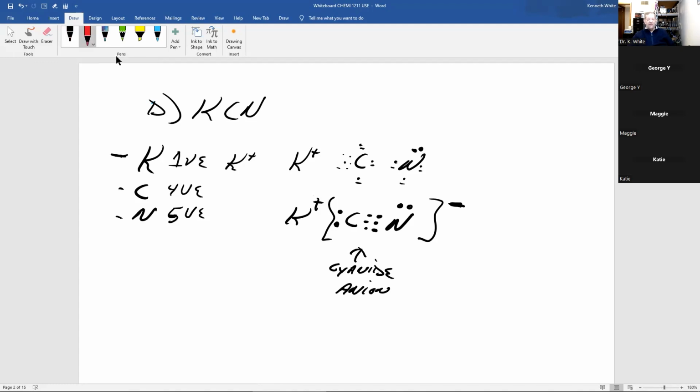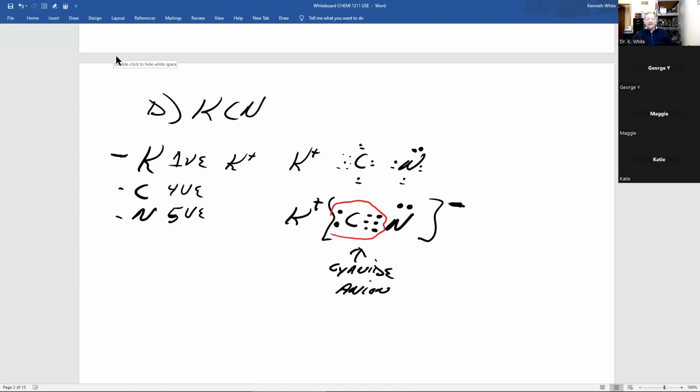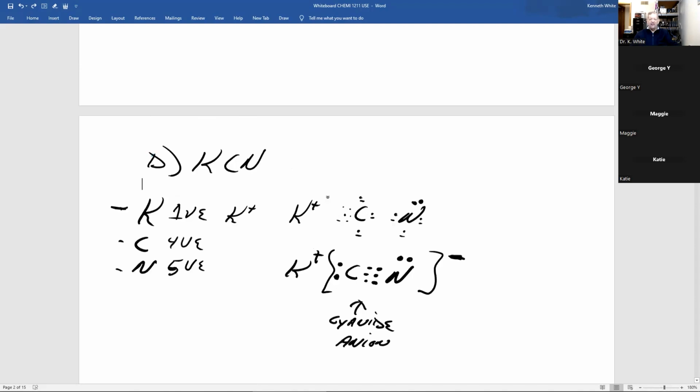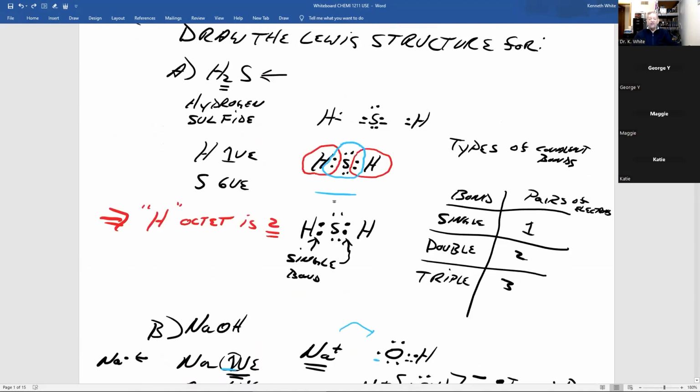If we look at carbon now, how many shared and non-bonding valence electrons does it have? 2, 4, 6, 8. Yay! It has its octet. Now, what kind of covalent bond exists in the cyanide anion? Your turn. And before you answer that, oh, look, someone wrote a nice table on the screen there.